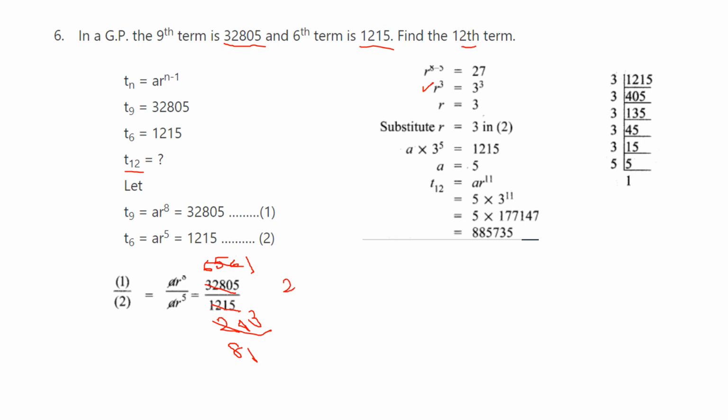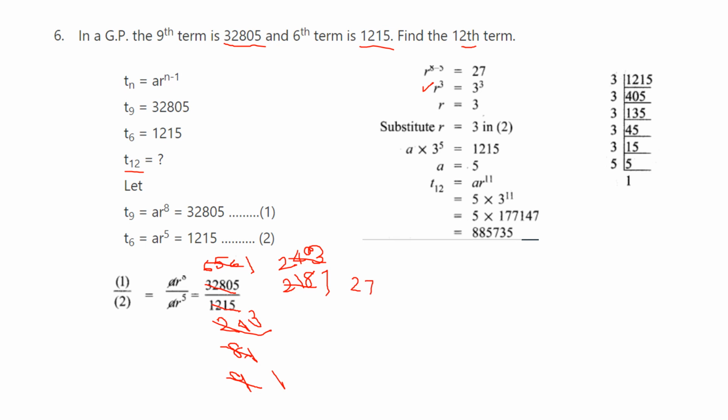Then with the 9 table: 9 nines are 81, 2 nines are 18, 4 nines are 36, 3 nines are 27, 7 nines are 63.